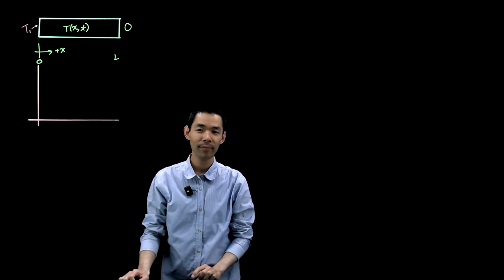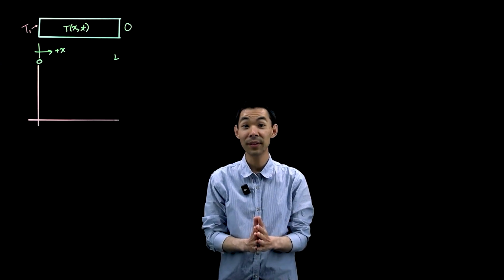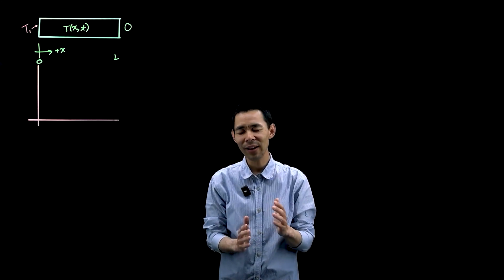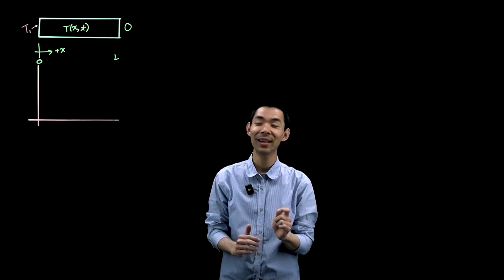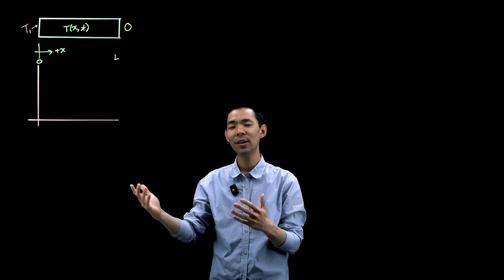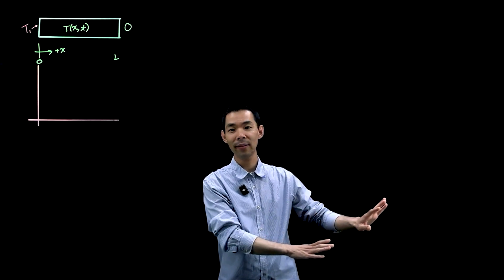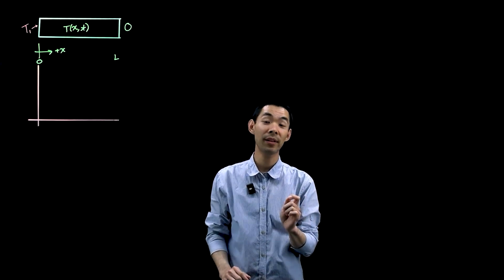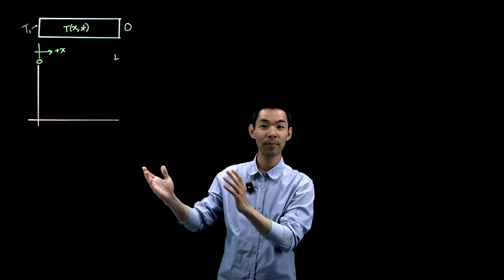Just like that. So for every problem that we're going to do for the rest of this class, it's very important to have a physical understanding of what it is that you are solving for. So first, forget about all the math and just try to physically understand what is happening in this problem.